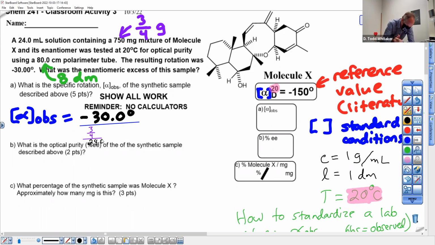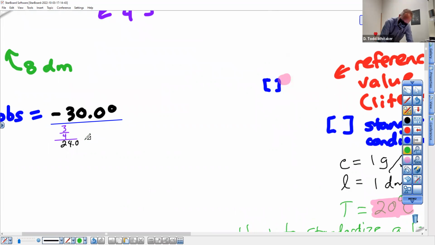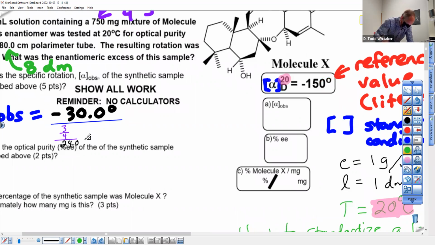And what's the path length times L? Times what? 8.